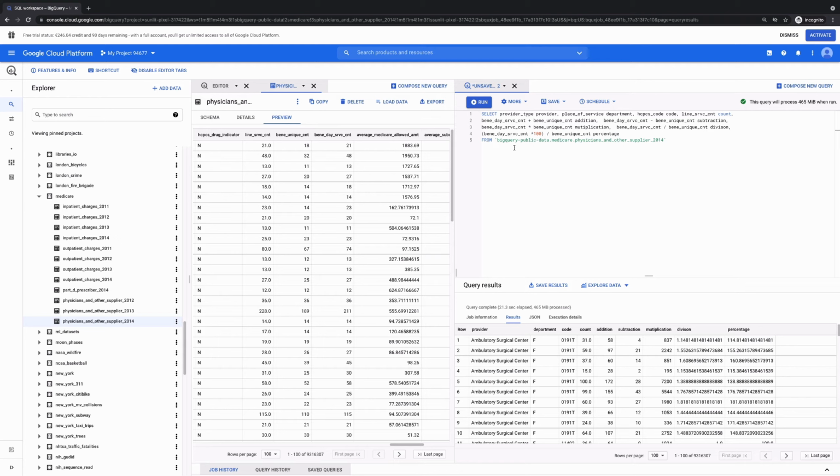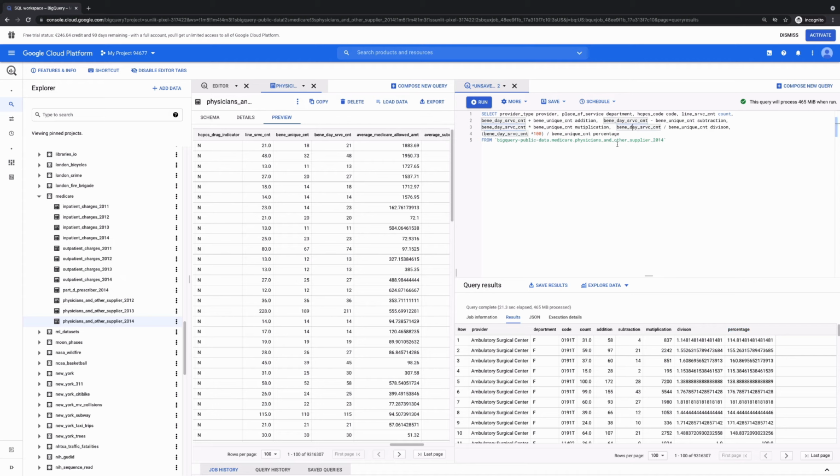So here we see the code, the count, the addition, the subtraction, the multiplication, the division, and then the percentage, which is based on these two fields.